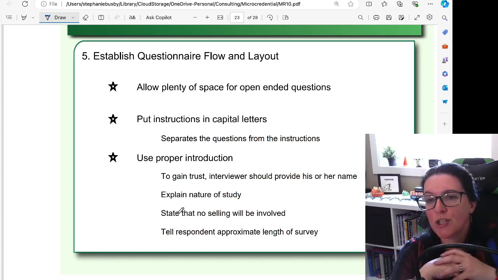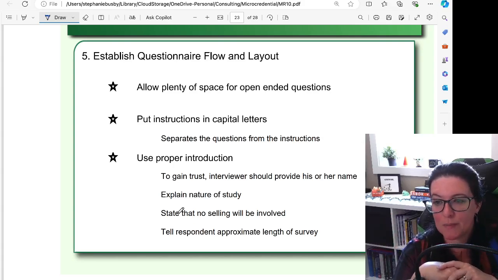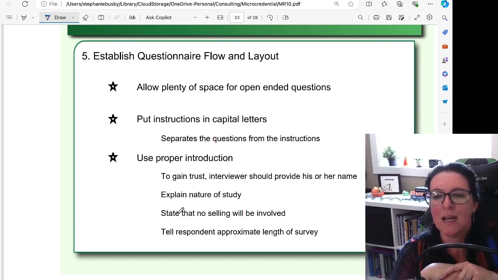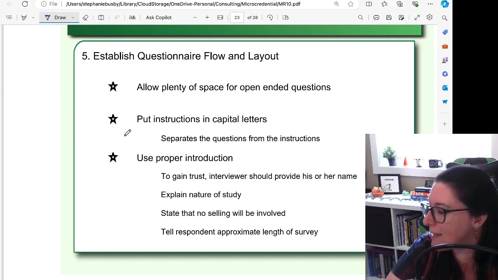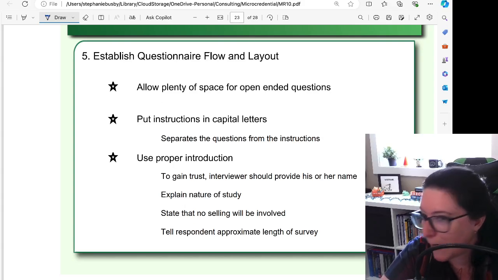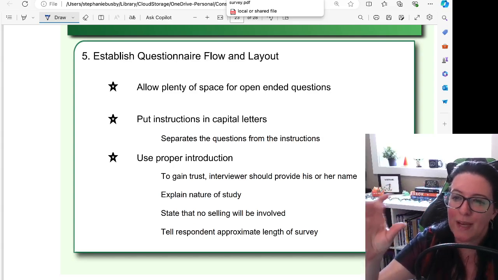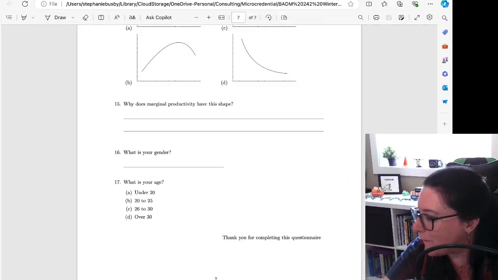You can put instructions in capital letters just to help separate the instructions from the questions themselves. This is kind of an older school format. Sometimes now capital letters are viewed as being yelled at. So you will see less of that in surveys, in terms of having those sections where the explanation and transition information is in capital form.